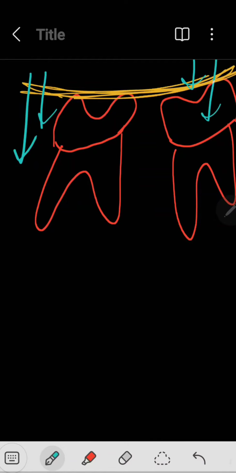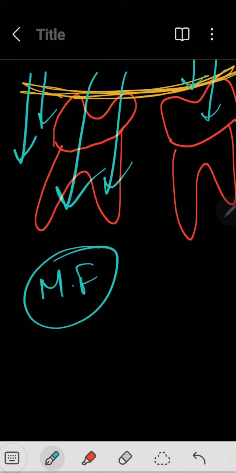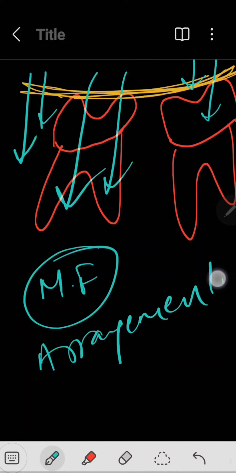These are the masticatory forces acting upon the tooth, and this kind of arrangement of teeth helps dissipate them.